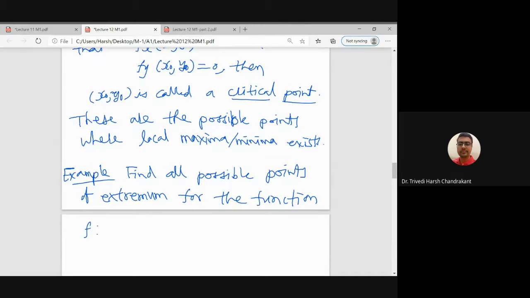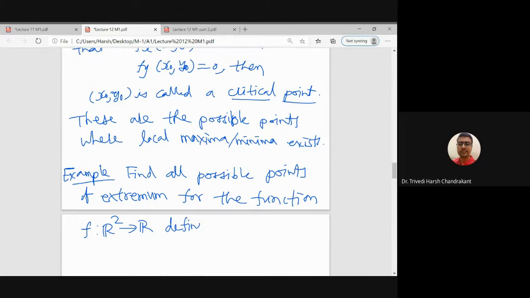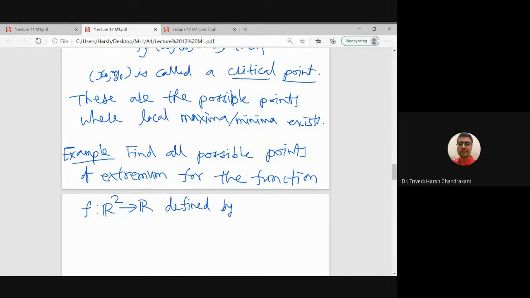So we have the function defined from the whole R2 to R, defined by f of x, y equals minus x square plus y square.